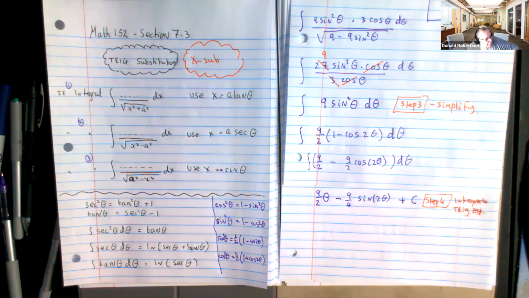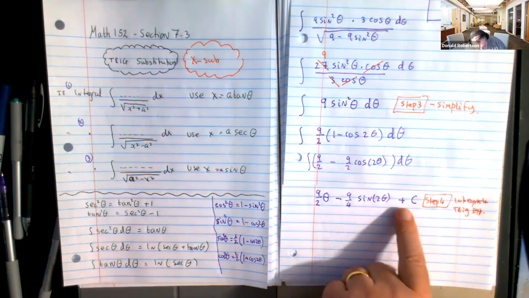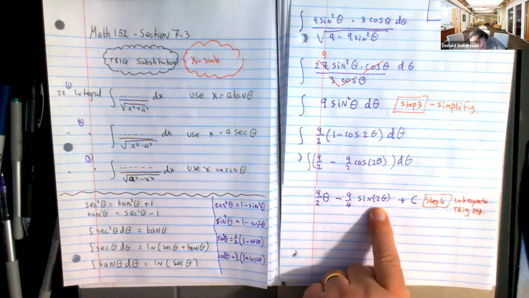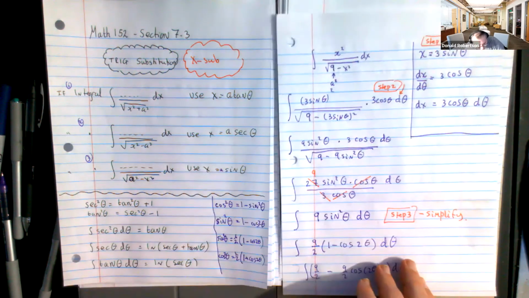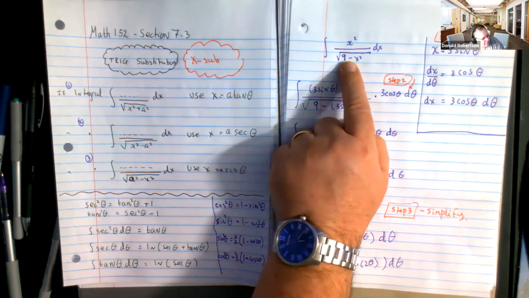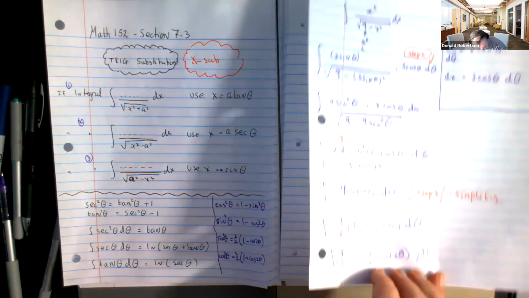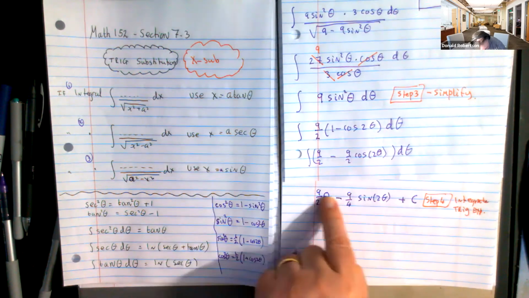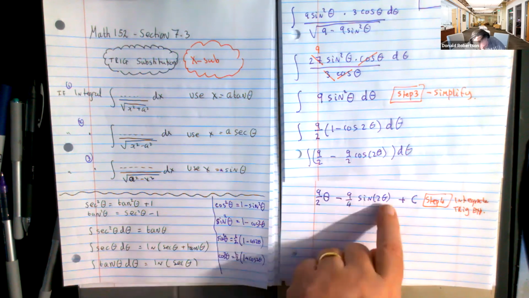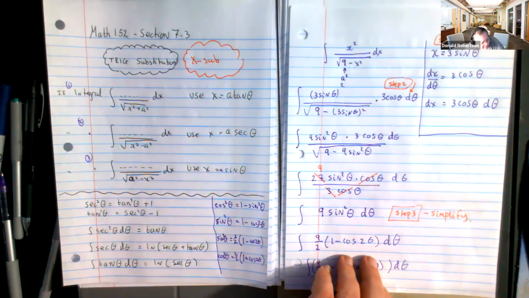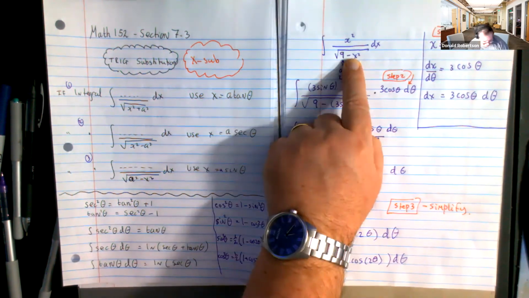We're only about 2/3 of the way through. We still have 1/3 of the way to go. And the reason we're not finished is that this answer is in terms of theta. But the original question had x's. So we are expected to convert all these thetas into x's. And that's the last phase of the puzzle.